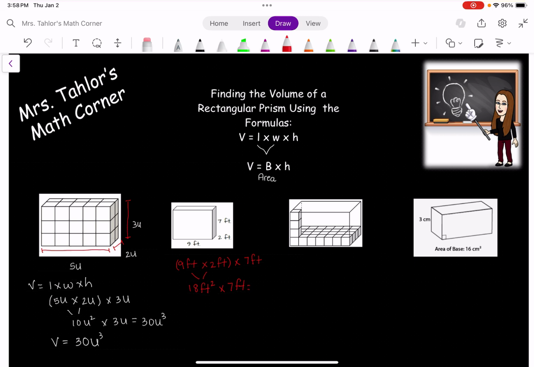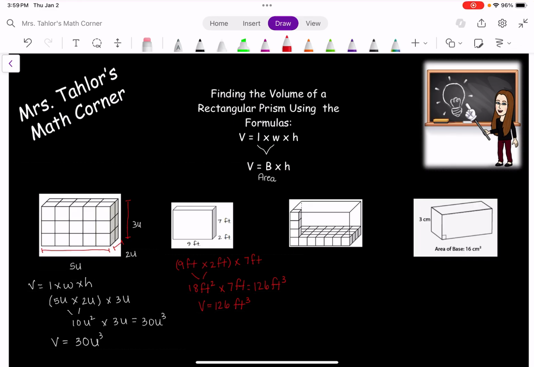When I multiply 18 times 7, I get 126 feet cubed. So the volume is 126 feet cubed. Volume is cubed, the unit of measure, to demonstrate that it's three-dimensional. It's length times width times height.